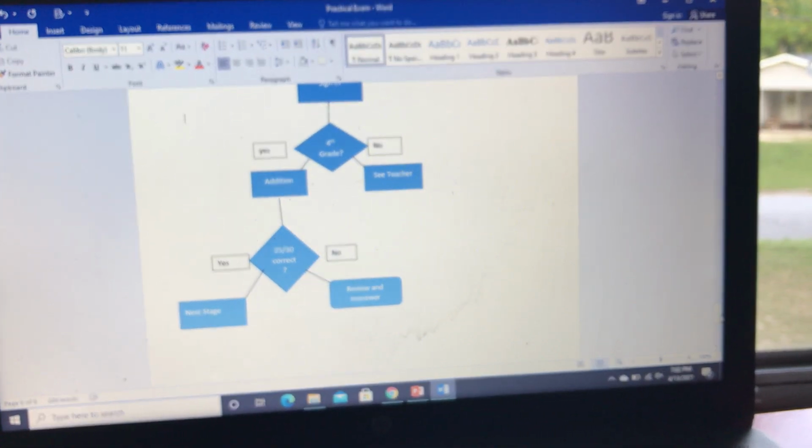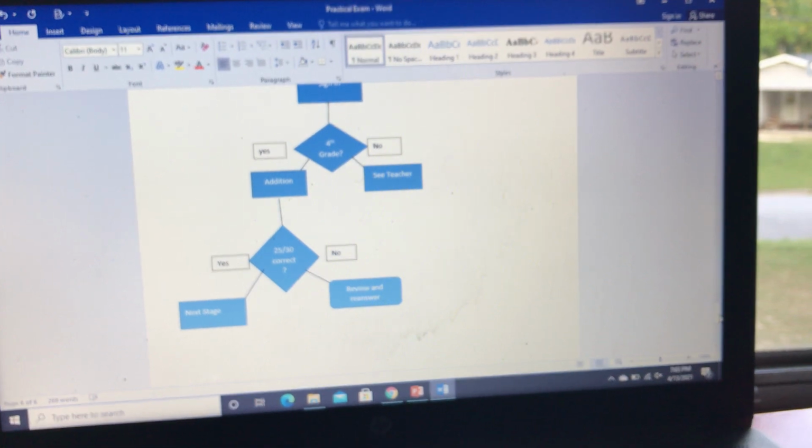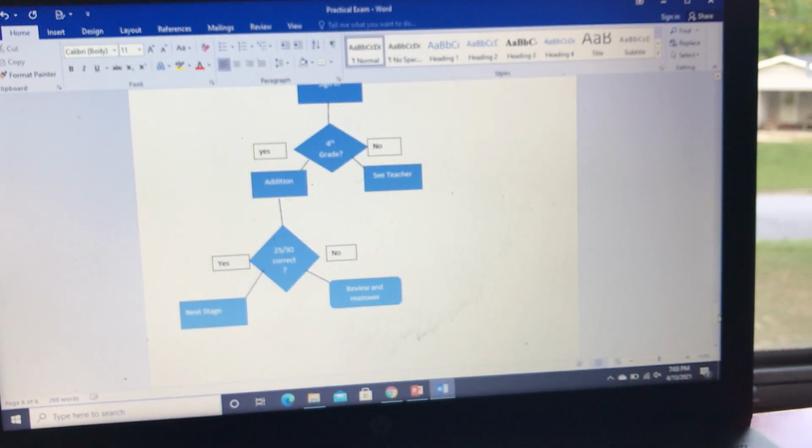This chart shows a program for a fourth grade game for students.